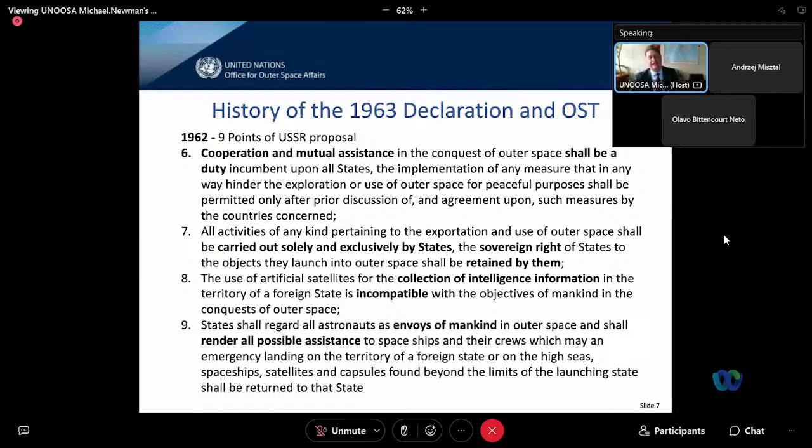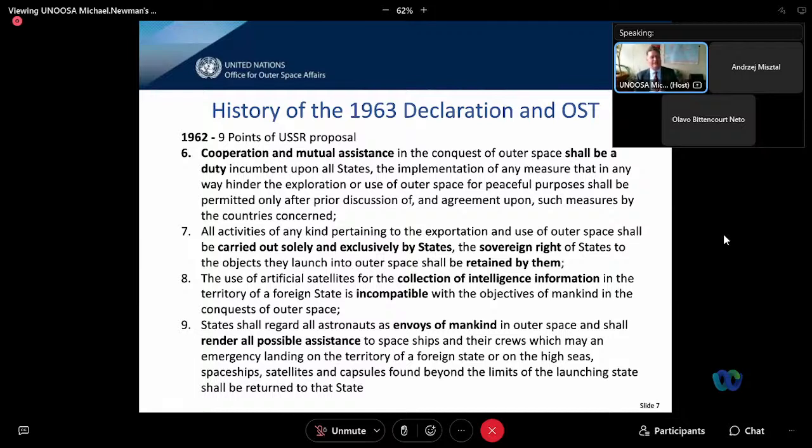This is an interesting way that we can see remote sensing principles, much later after this, have a flavor of this, let's say. And finally, states shall regard astronauts as envoys of mankind and render all possible assistance. So these are these 9 points of the Soviet Union's proposal.